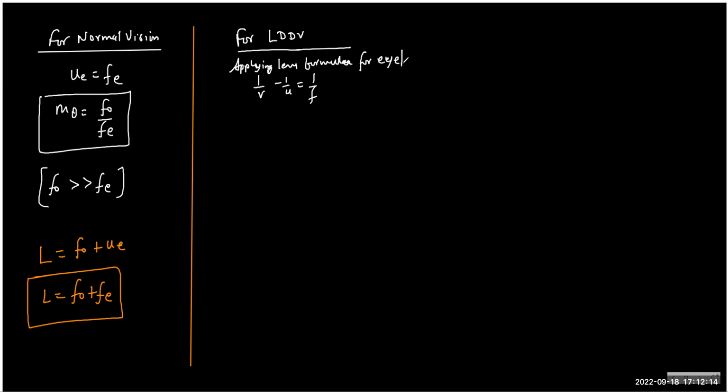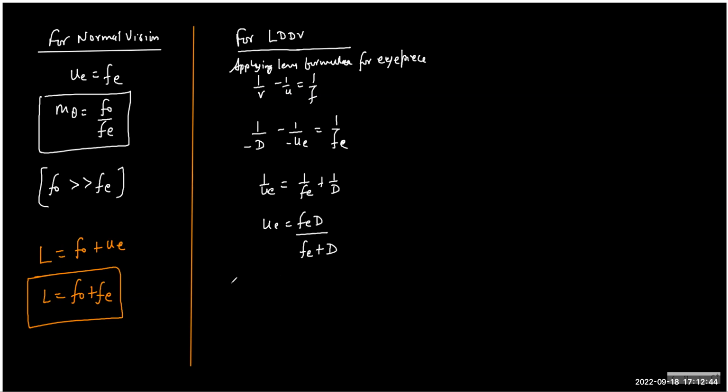So what is V? Minus D. What is U? Minus UE. What is F? FE. And see, it's again the same typical answer. Every time I get the same answer. It is kind of boring, huh? But anyway, the UE turns out to be FE D by FE plus D.